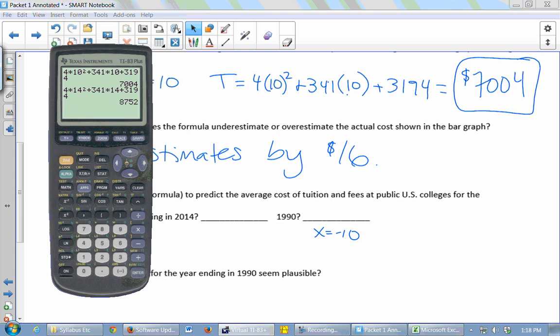And I get $8,752. And then I'm going to change my 14s to negative 10s to predict for 1990. Negative 10, and I need parentheses around that.